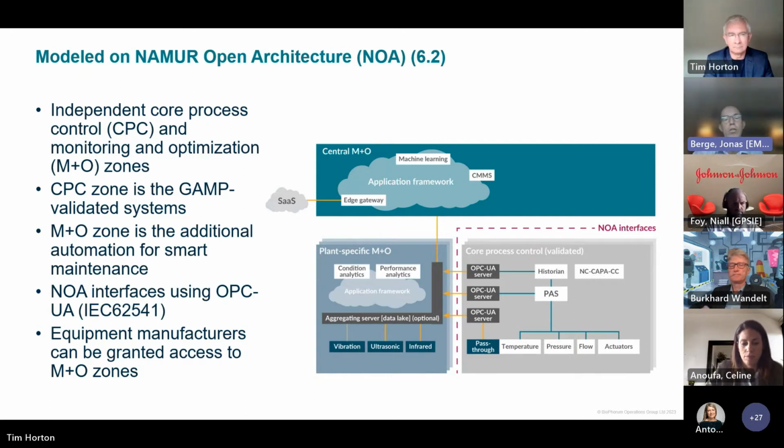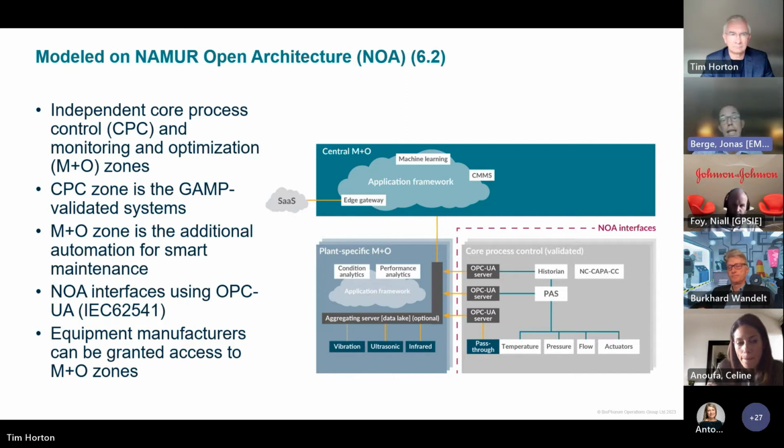Think of the CPC zone as the existing GAMP validated systems like the historian, the process automation system, and its sensors and actuators. So this independence ensures the sensors and software in the new additional M&O zone does not impact the safety and robustness of the automation in the CPC zone.